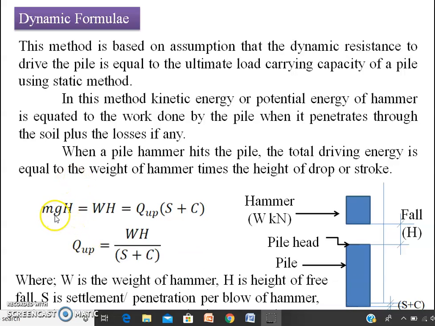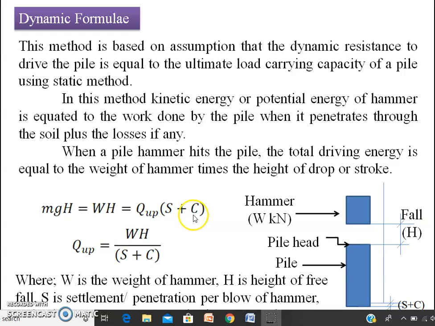So if I write this in an equation, mg into h, where mg is nothing but the total weight of the hammer, into the height, free fall height, is equal to QUP. It is nothing but the capacity of the pile estimated from the static method multiplied by S plus C. S is nothing but the settlement observed under the application of the load, plus C is the elastic compression which is being supported by the soil.